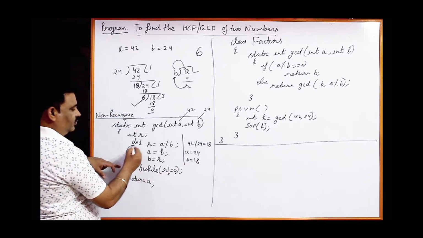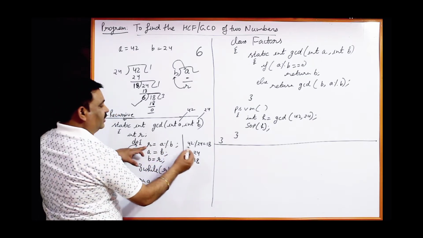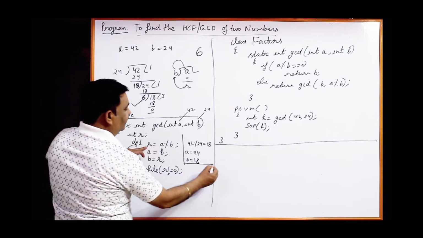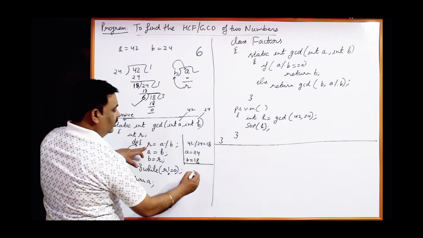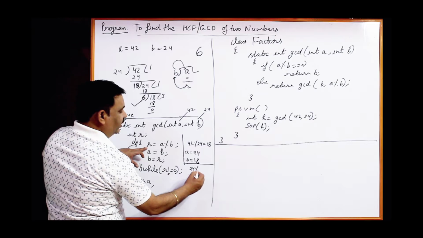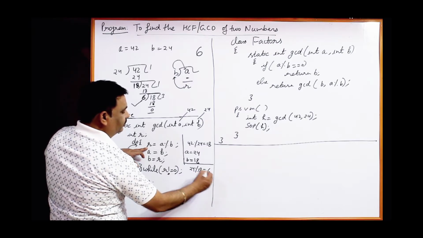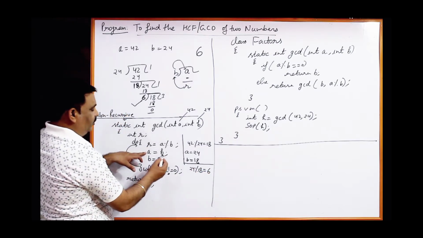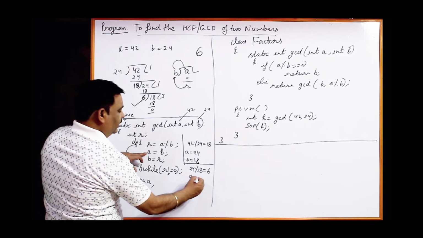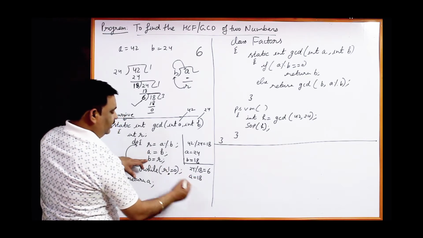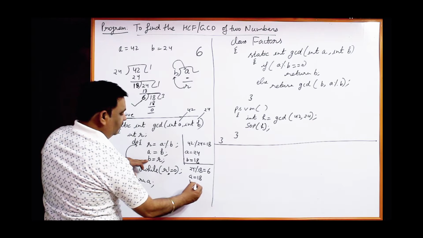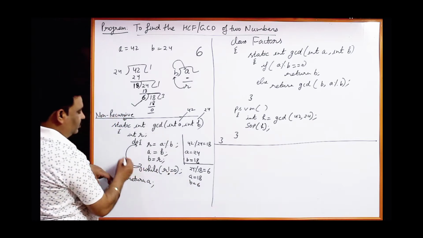Remainder is not 0. Second time A modulus B will be 24 modulus 18. So 24 mod 18 is 6. B will be transferred into A, so A becomes 18, and R will be transferred to B, so B becomes 6. Still the remainder is not 0.